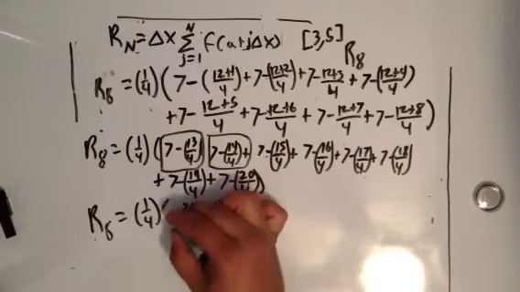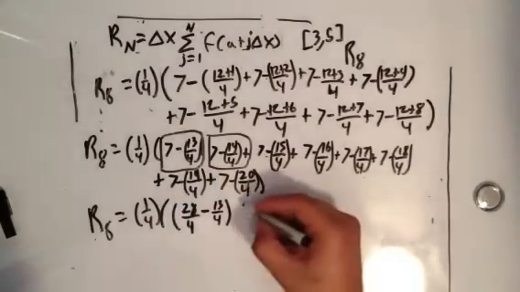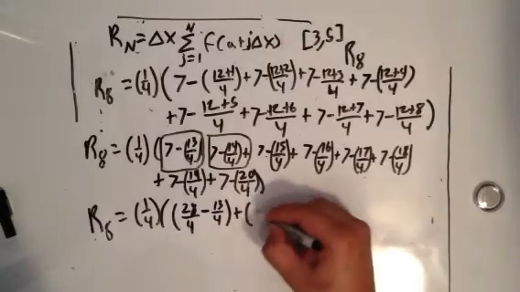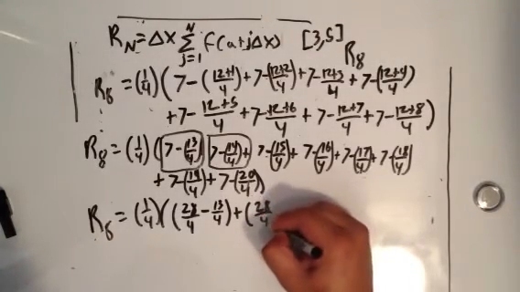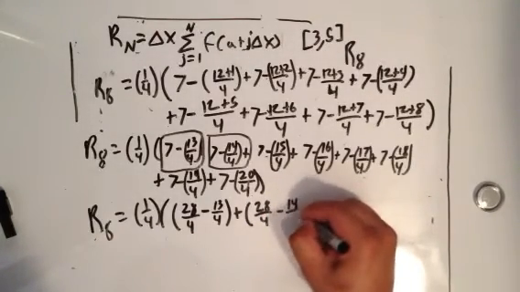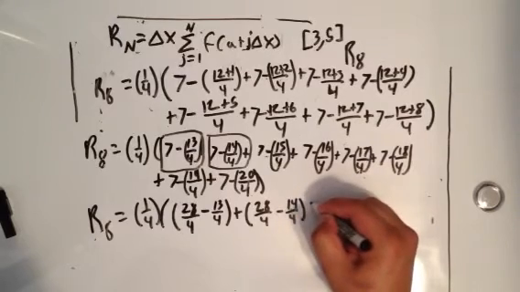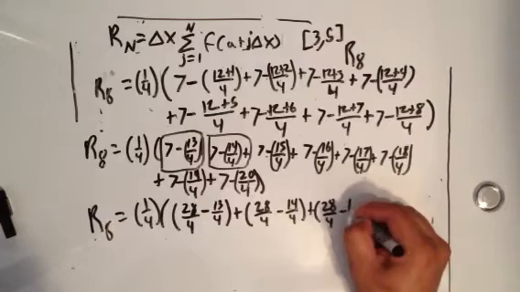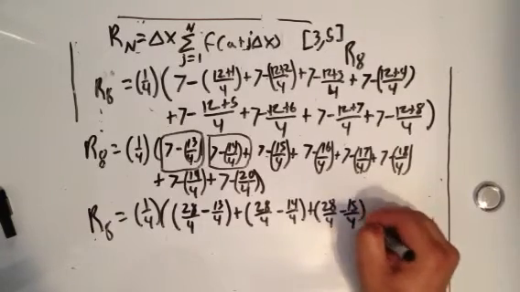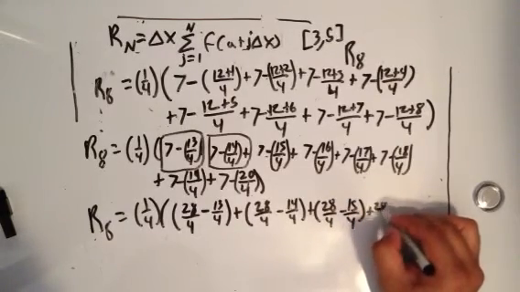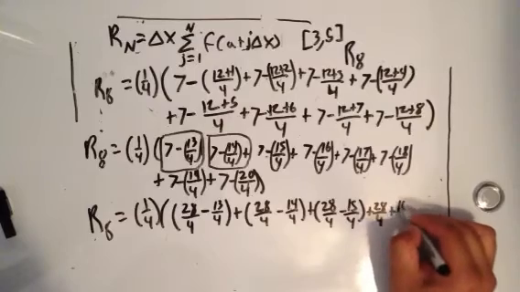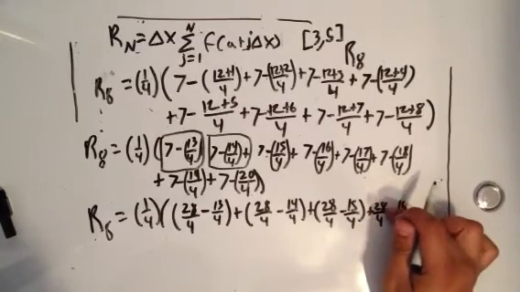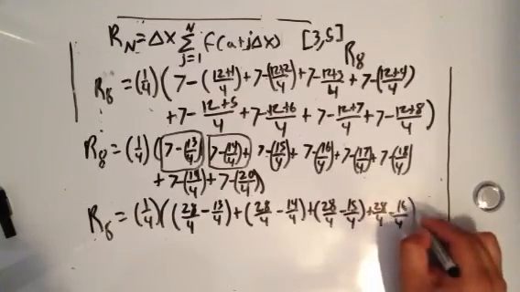We'll put parentheses and make this look uniform. Plus 28 over 4 minus 14 over 4. Plus 28 over 4 minus 15 over 4. Plus 28 over 4 minus 16 over 4.